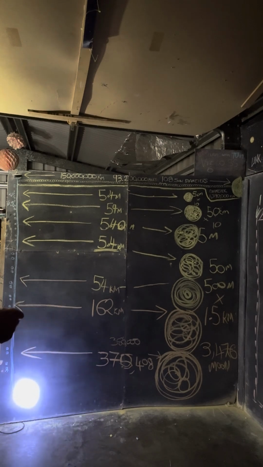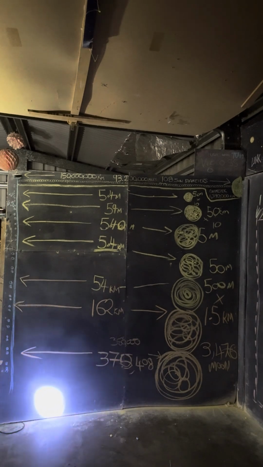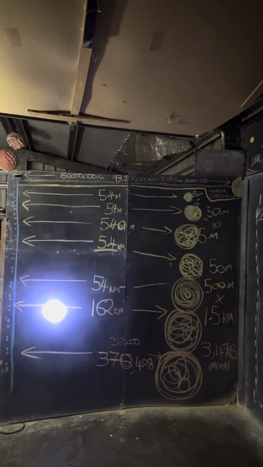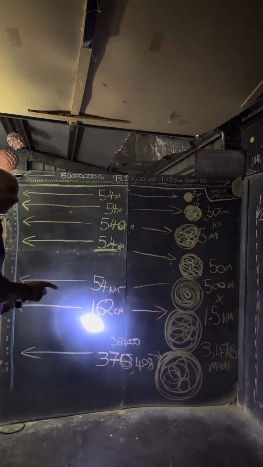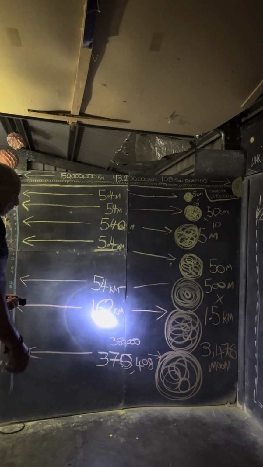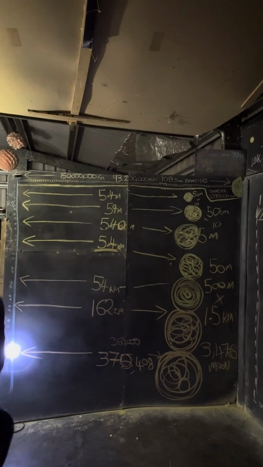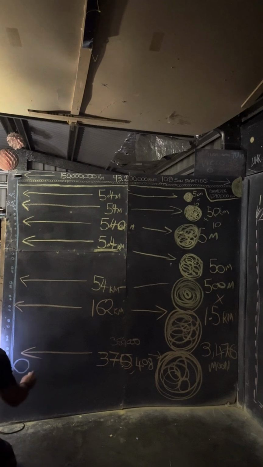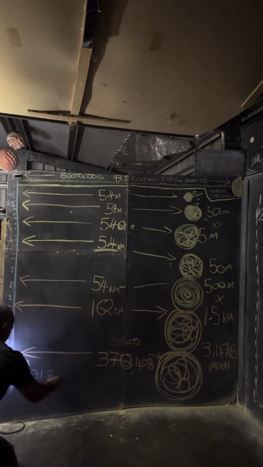Alexa, what's 3,476 divided by 109? 3,476 divided by 109 is approximately 31.8899. So planet Earth would have a diameter of 31.8 kilometers.